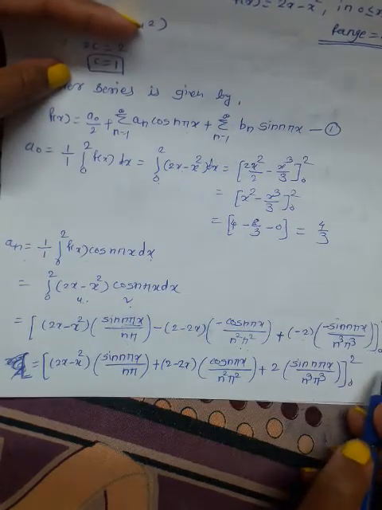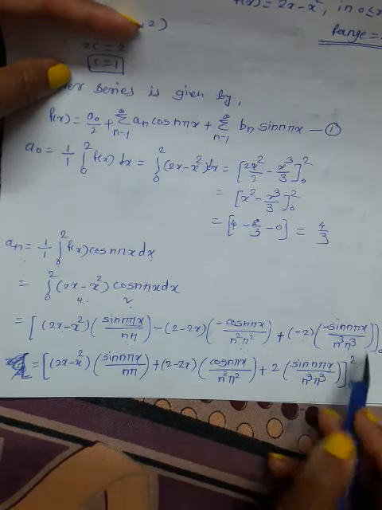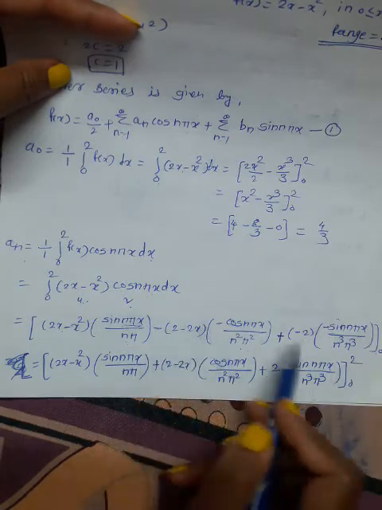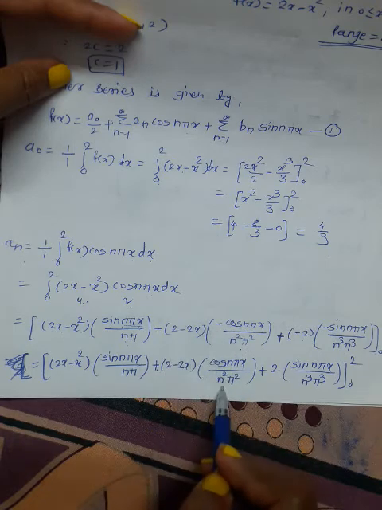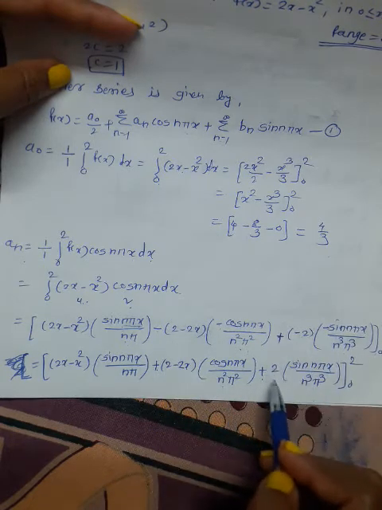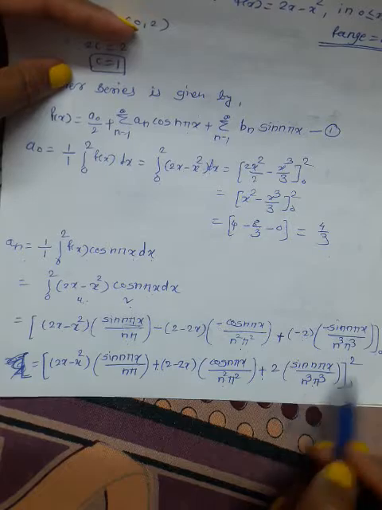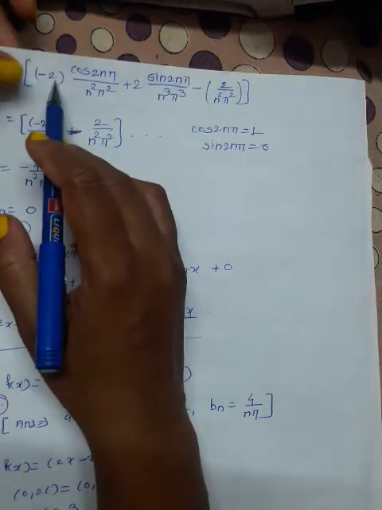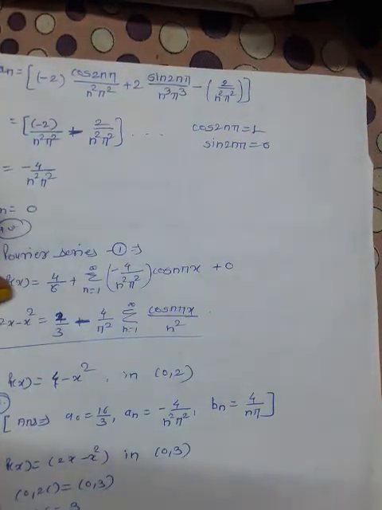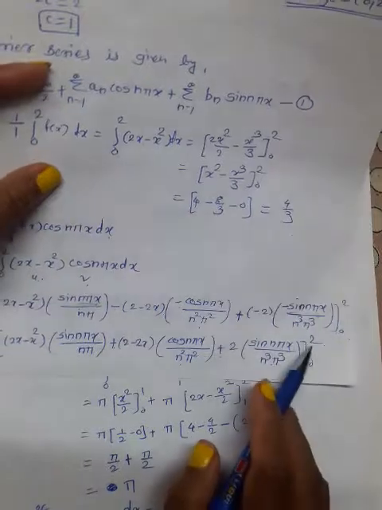Now before putting the limits, take the first term as it is, this minus becomes plus, this term as it is plus, this again minus becomes plus. Now we have to put 2 as the upper limit. We get minus 2 as it is by putting the upper limit 2.